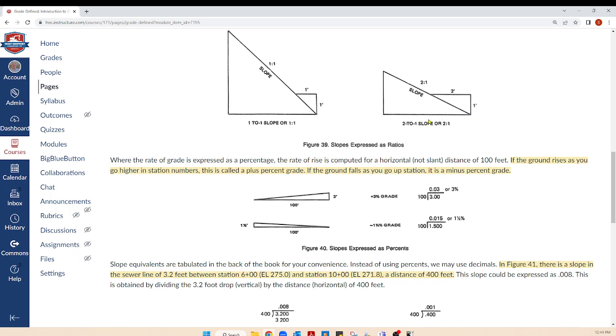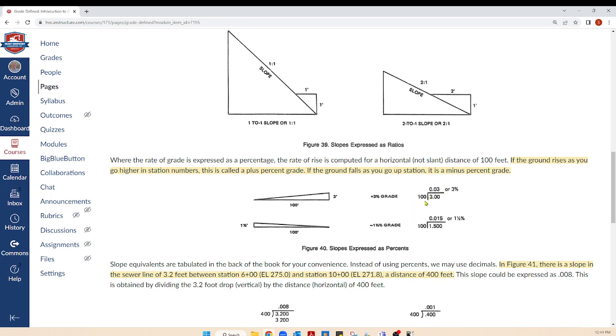It's using this distance for horizontal, not slant distance, of 100 feet. Where the rate of grade is expressed as a percentage, the rate of rise is computed for a horizontal distance of 100 feet. And not just 100 feet, but that's the way you come up with this. This could be 300 foot, and this could be 3 foot, and you could still compute it. We will get into that.